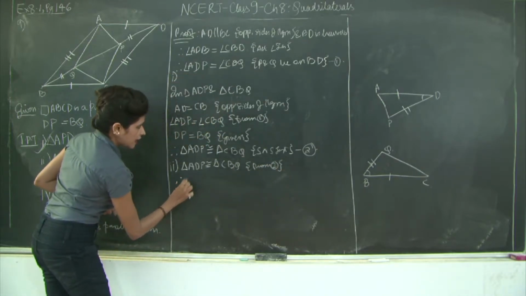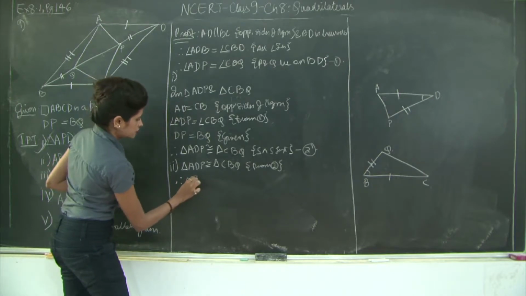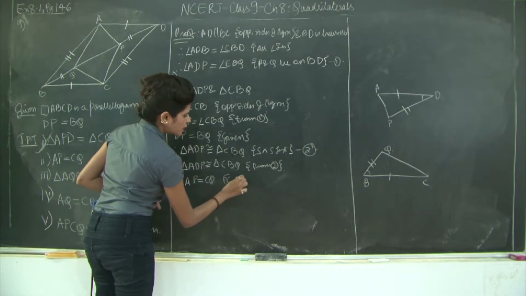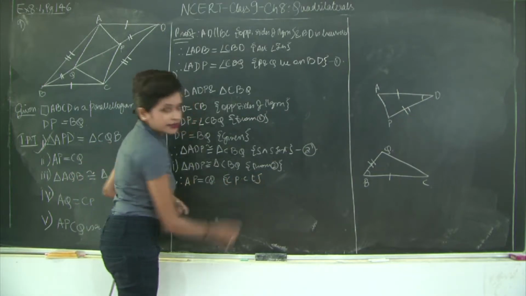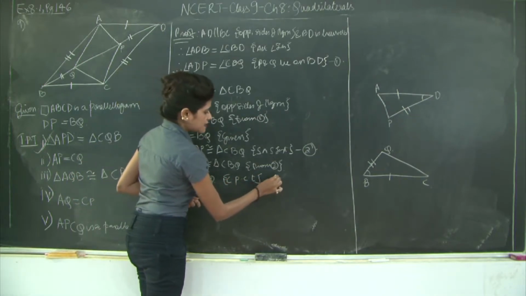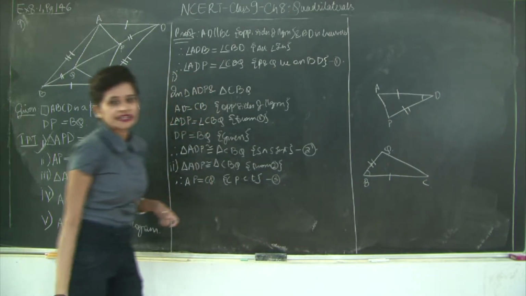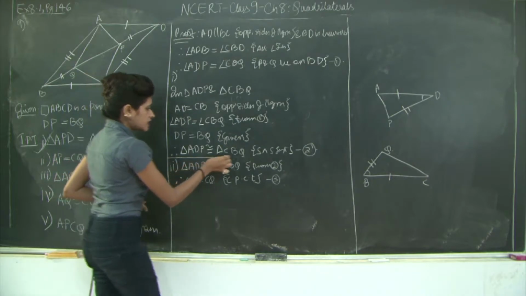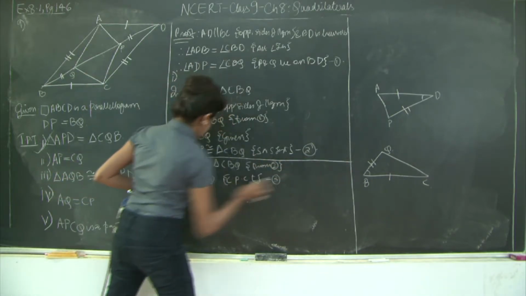Therefore, AP is equal to CQ. Why? Corresponding parts of congruent triangles, or CPCT. Let's mark this as 3. You never know what you might be needing as reference. Similarly, now first of all I will draw lines between the sections for better clarity.